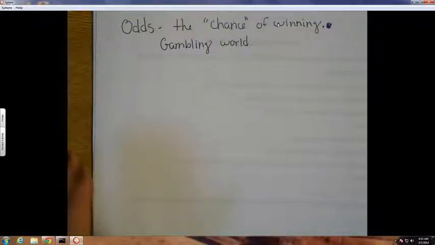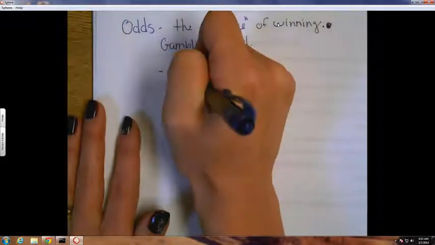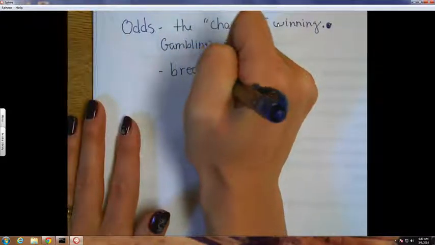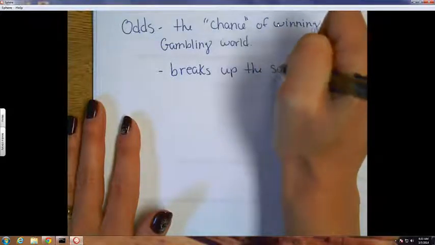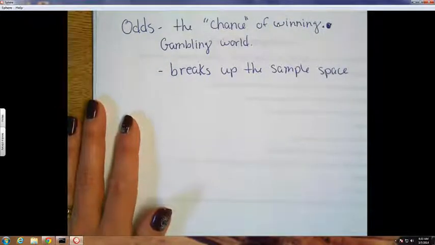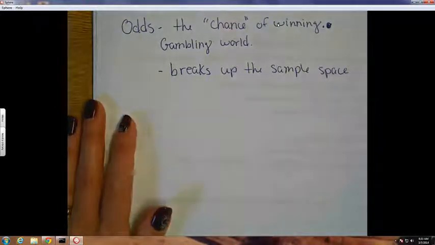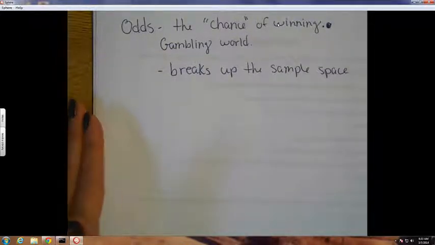Okay, so what odds does, odds breaks up the sample space. And they usually write it as a ratio with a colon in between the 2 numbers. They could easily write a fraction like probability does or a decimal, but they choose not to.